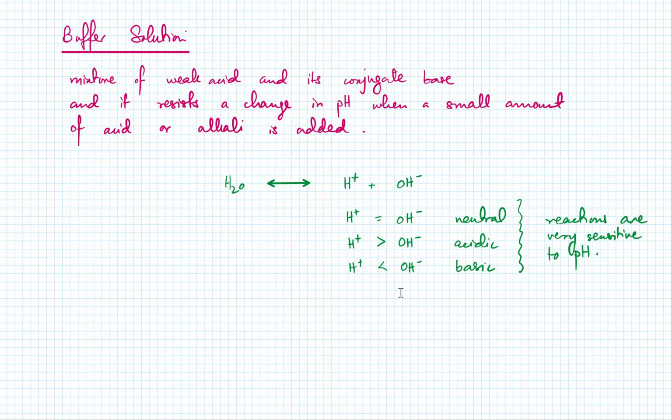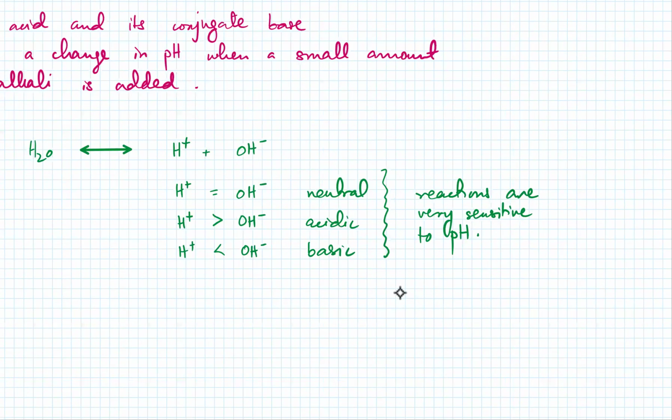Every reaction requires a certain balance of H plus and OH ions. Your crops are going to grow well at a certain pH; every crop has a certain pH. Your stomach has to maintain a certain pH. So the pH should not change. If you change the pH, reactions, especially biological reactions, get badly affected. Enzymes get denatured if the pH changes. Enzymes and all these biological molecules work best at a certain pH.